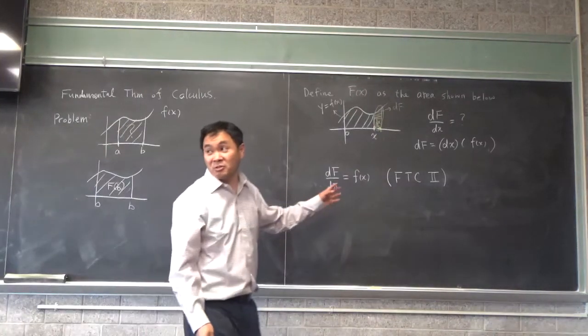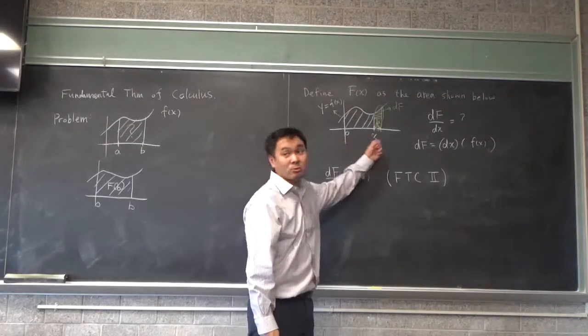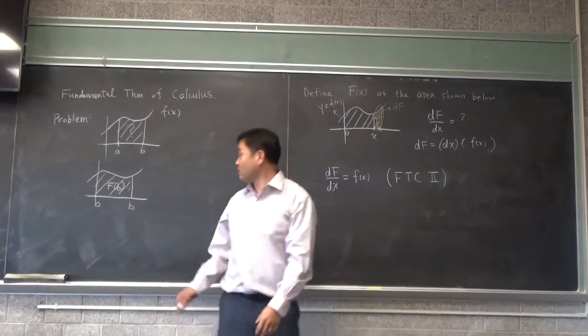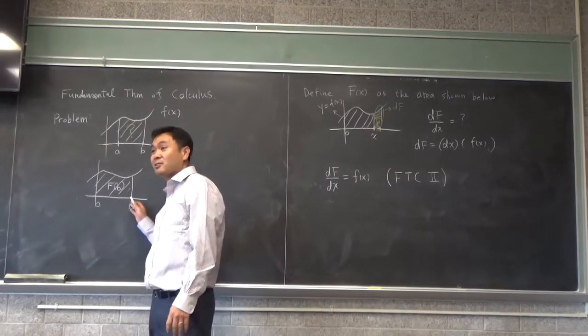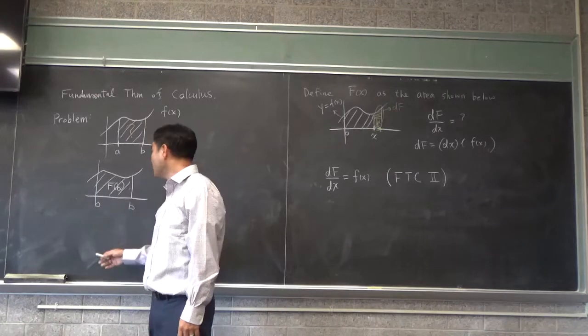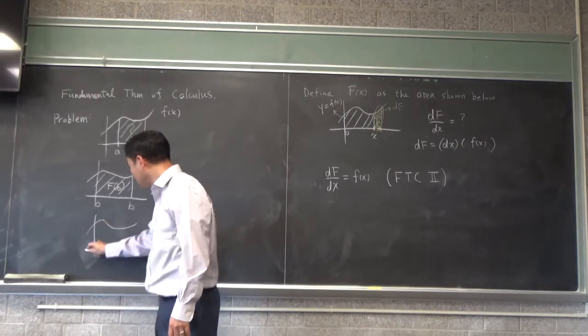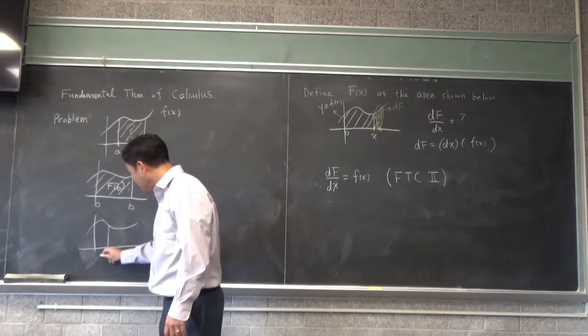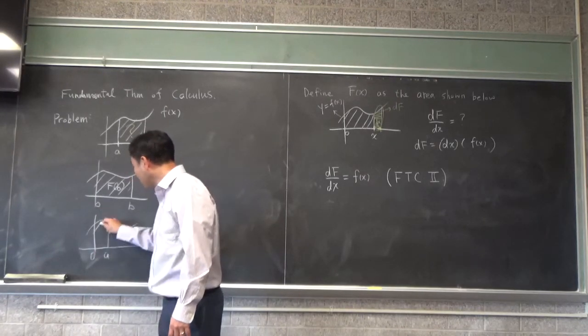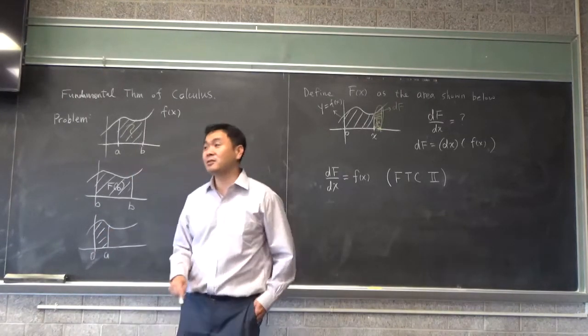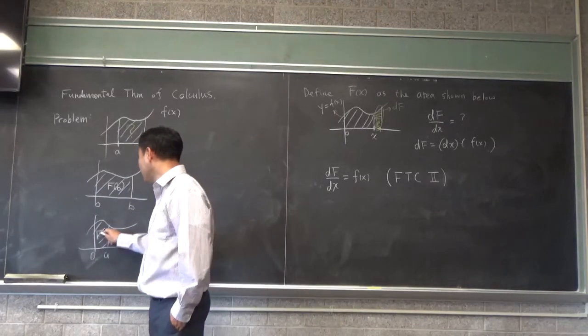Remember, our definition of F of x is what? Area from 0 to x. Right? This is the area from 0 to b. It's F of b. Okay. Now, what about 0 to a? What would this be? That'd be F of a. F of a. Okay.